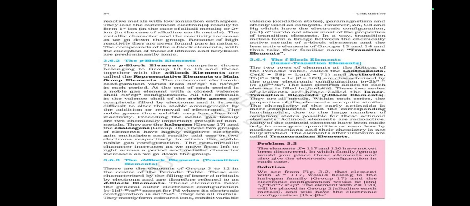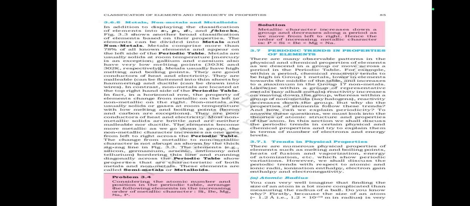Solution: We see from figure 3.2 that the element with Z equal to 117 would belong to the halogen family, group 17, and the electronic configuration would be [Rn] 5f14 6d10 7s2 7p5. The element with Z equal to 120 will be placed in group 2, the alkaline earth metals, and will have the electronic configuration [Uuo] 8s2.